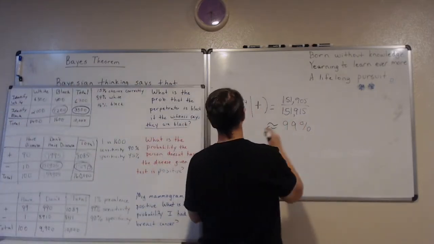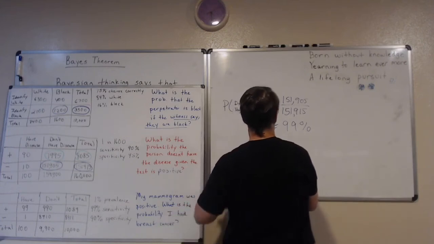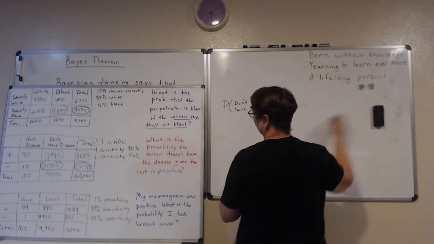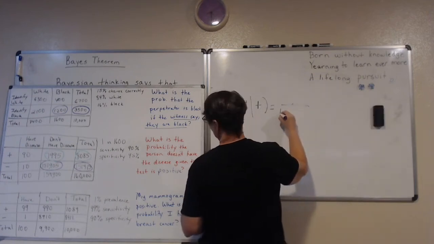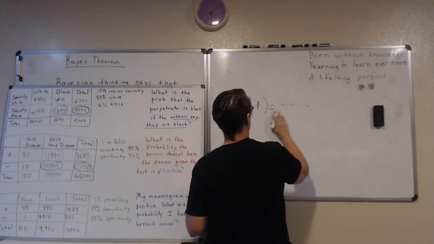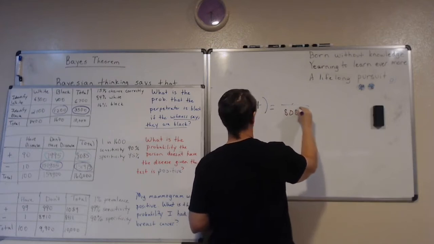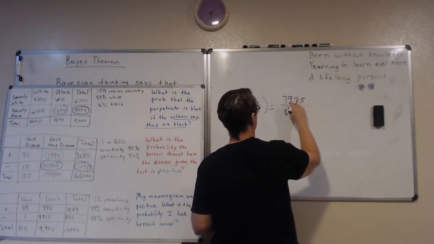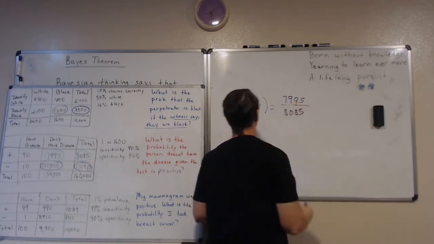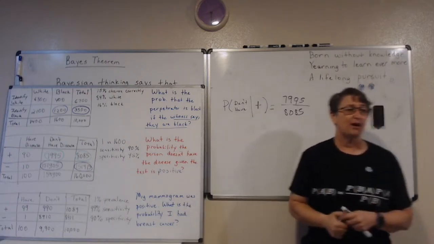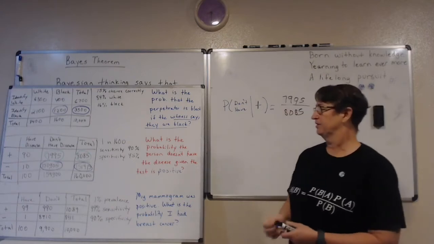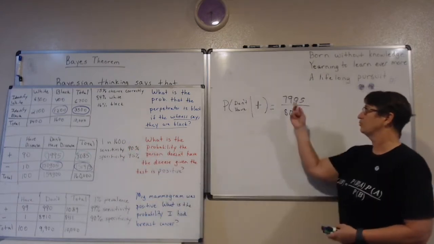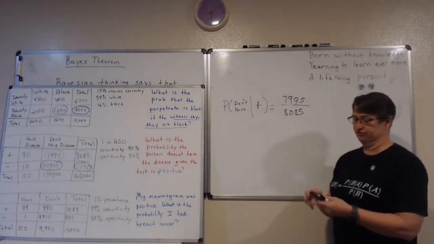So now let's look at the probability. I have 8085, and on top I've got 7995. I walk out with a positive test. What's the probability I don't have this disease?